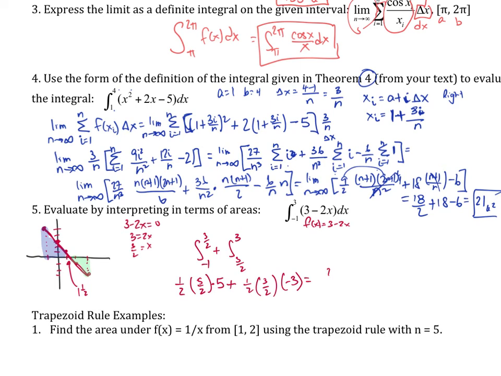Cleaning all this up, I get 25/4 plus negative 9/4 for a total area of 16/4, which is 4 square units.